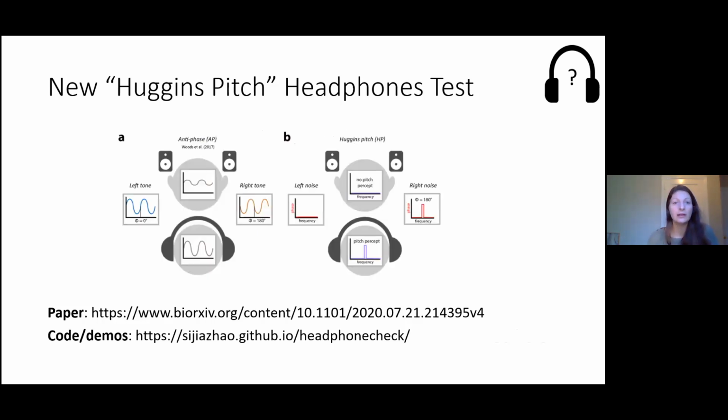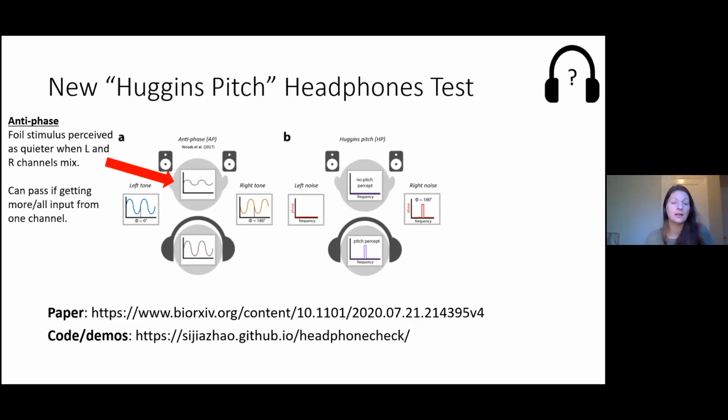And I just want to point out some comparisons between the antiphase and Huggins pitch. This figure is from their paper, and we have antiphase on the left. The way that this test works really depends on the left and right channels mixing in this kind of free field before reaching the ears when it's played over speakers.